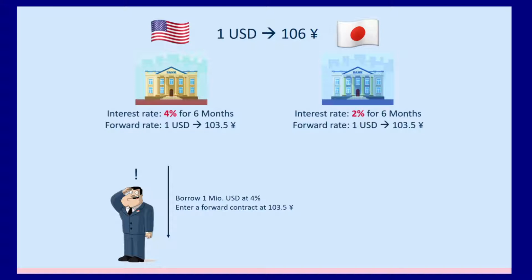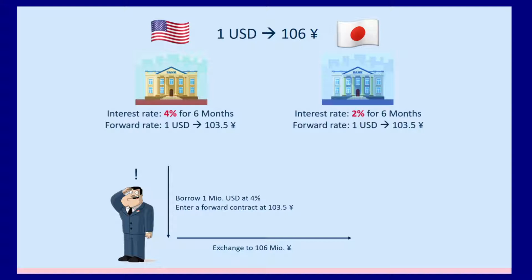So what do I do? Okay, I take my 1 million and I exchange it today, immediately, based on the spot rate, which we have on top of this slide here, to 106 million Japanese yen. $1 is 106 Japanese yen, $1 million, 106 million Japanese yen. Okay, so now I'm sitting on 106 million Japanese yen.